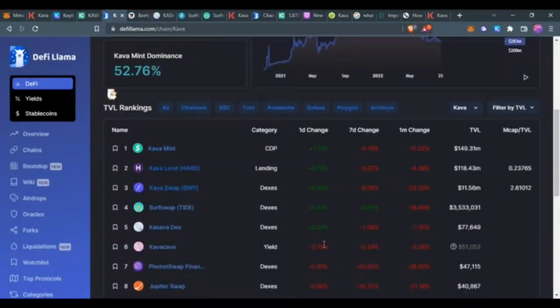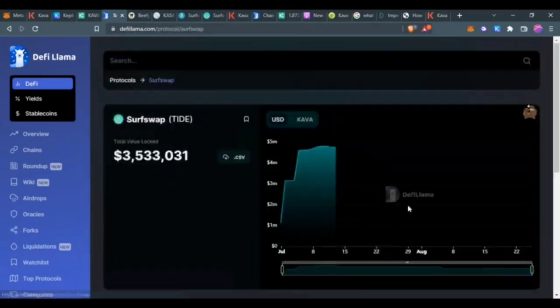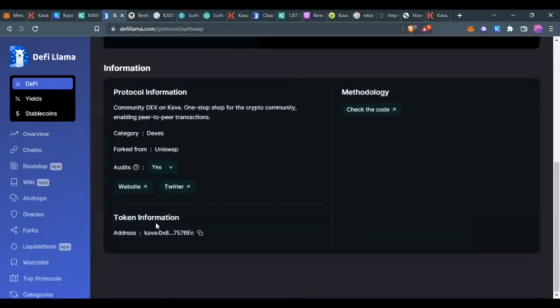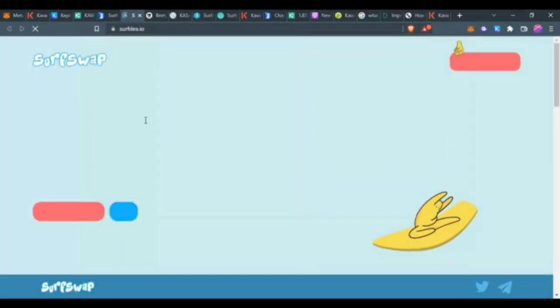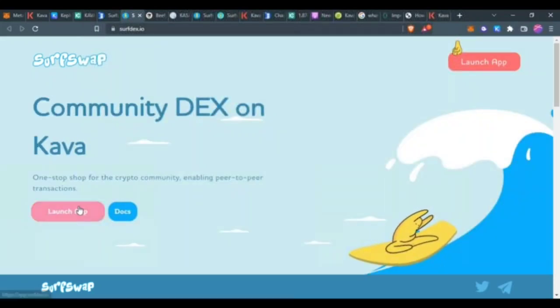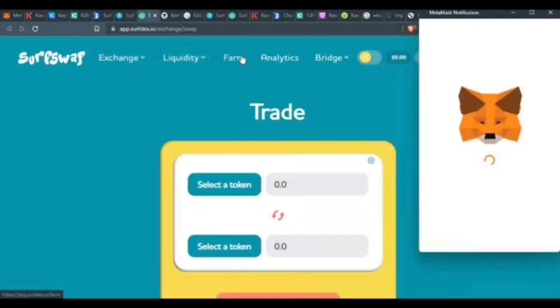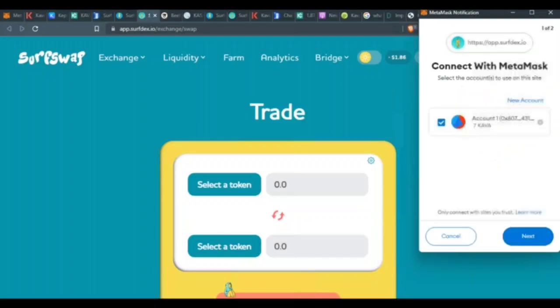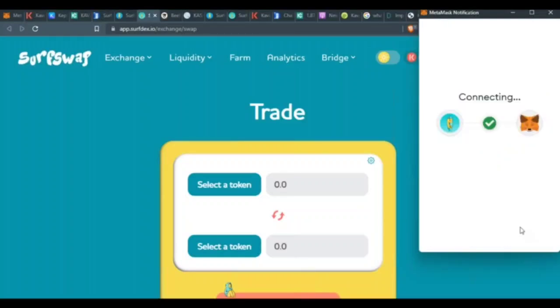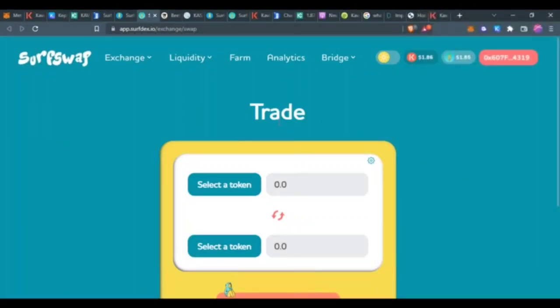Yeah, so the top one right now would be Surf Swap Tide. This will be a top one. Let's go back to it real quick. Launch the app. Let's see.